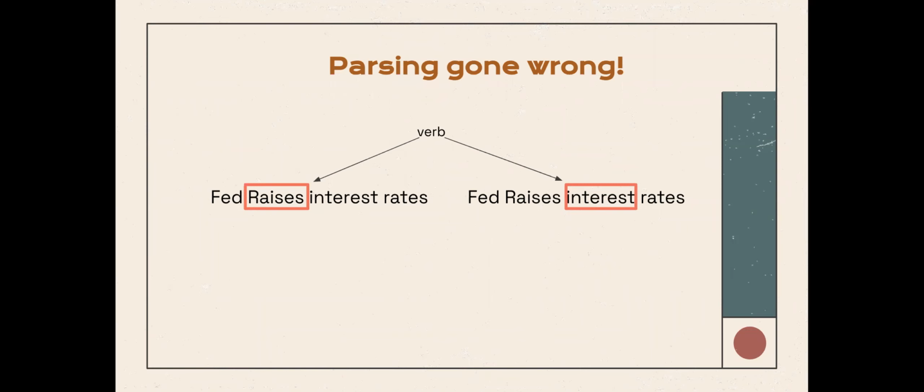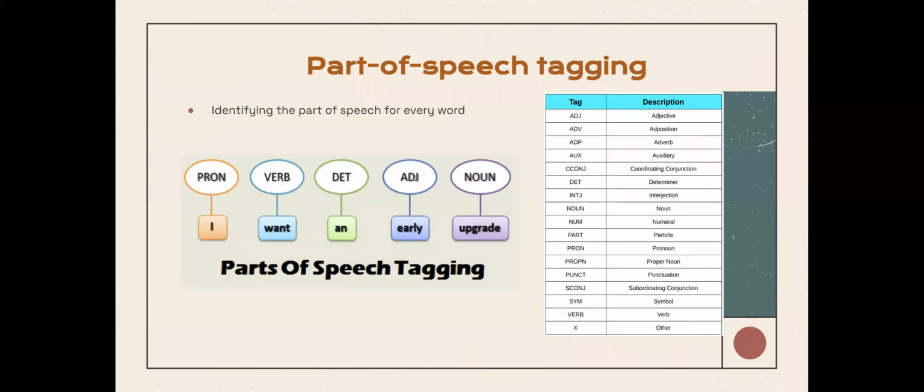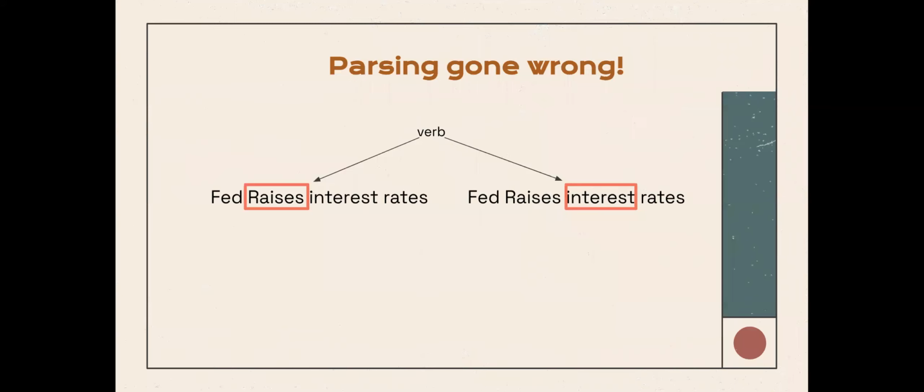So parsing is not perfect yet, and they're still trying to work this through. But the idea is by finding out what exactly is the type of word that we're using, with part of speech tagging and parsing, we can get the meaning behind the sentence much more clearly.